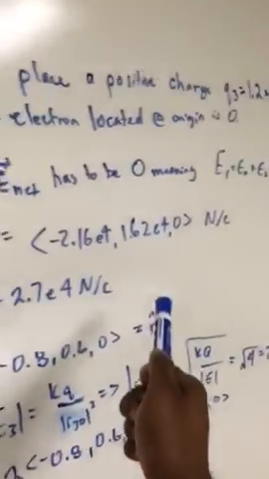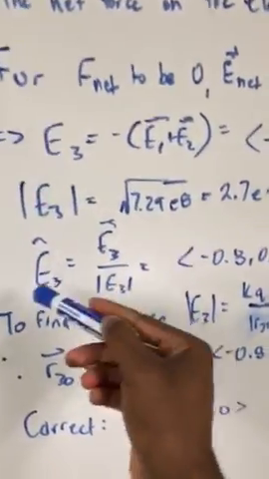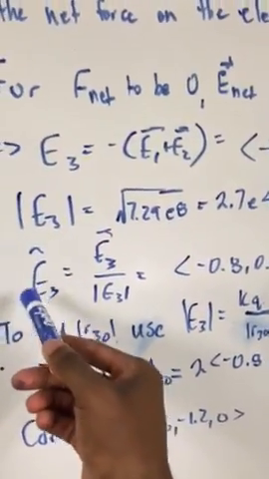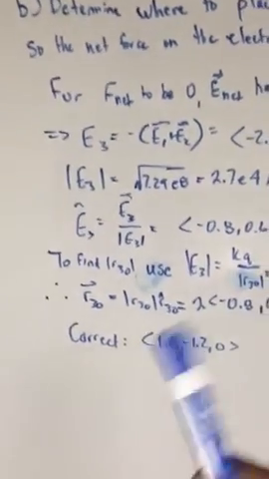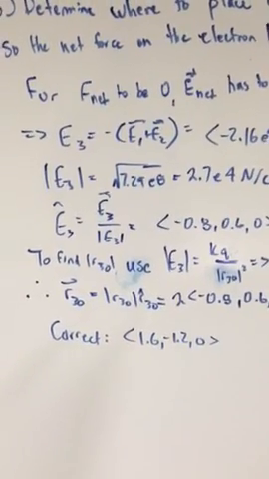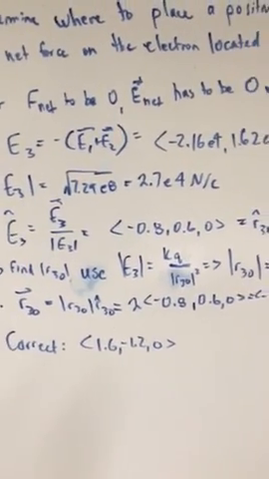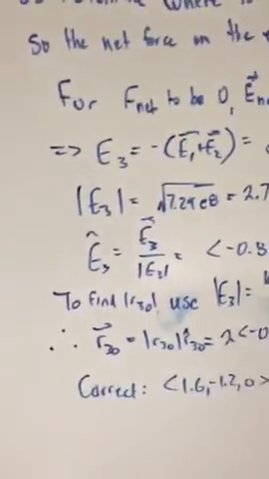After we find the value for E3, we have to find the magnitude of E3, or sorry, the E hat vector. We use the electric field vector to work backwards and find our R value, which is what we're looking for.